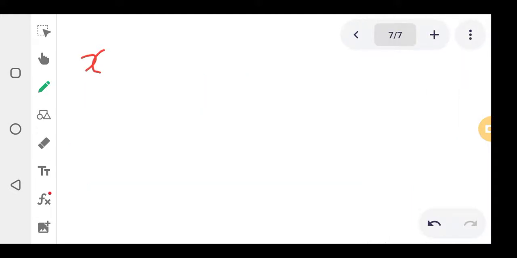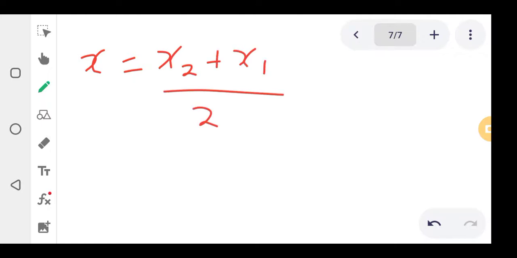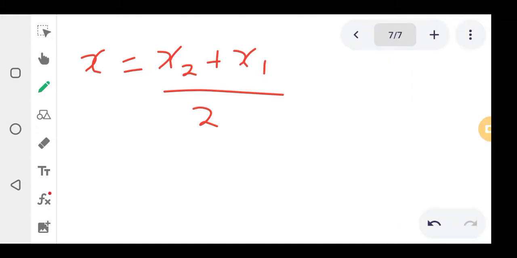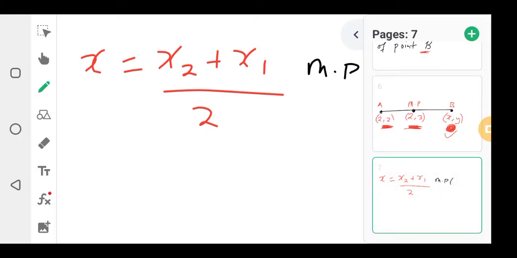Midpoint, in the x coordinate, is x2 plus x1 over 2. Now this time we're not finding the midpoint, because here we have the midpoint.